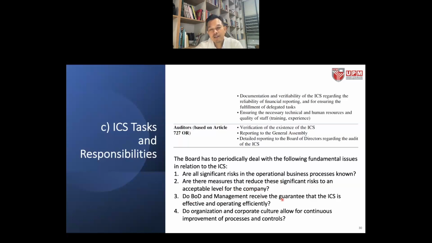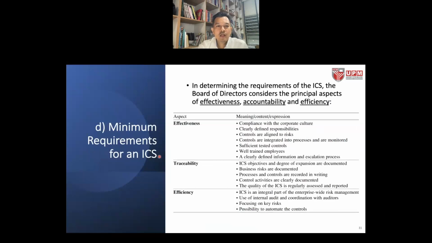Do the board of directors and management receive the guarantee that the ICS is effective and operating efficiently? Just having an agenda is not enough. This is not a true picture. And finally, do the organization and corporate culture allow for continuous improvement of processes and controls?